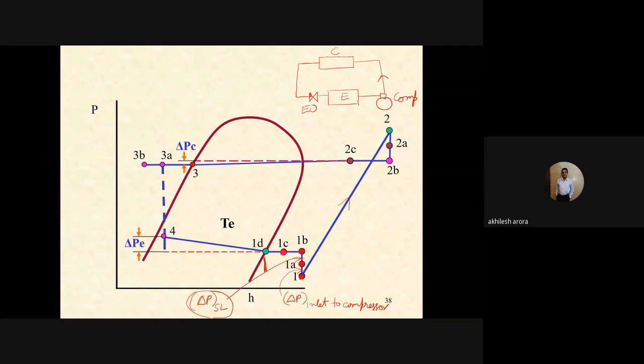I will explain to you. Now consider a situation that the refrigerant is entering the compressor through the inlet valve. The temperature of the refrigerant, let us say at 1, when it is entering the compressor at this particular point, is, say, I consider a temperature of 10 degrees Celsius. Now you tell me, what will be the temperature of the surface of the compressor?